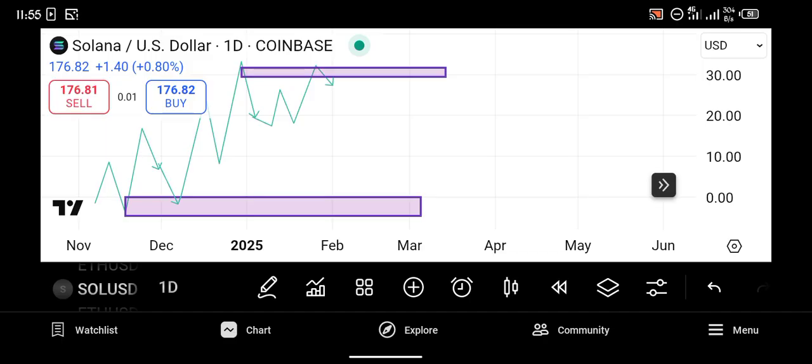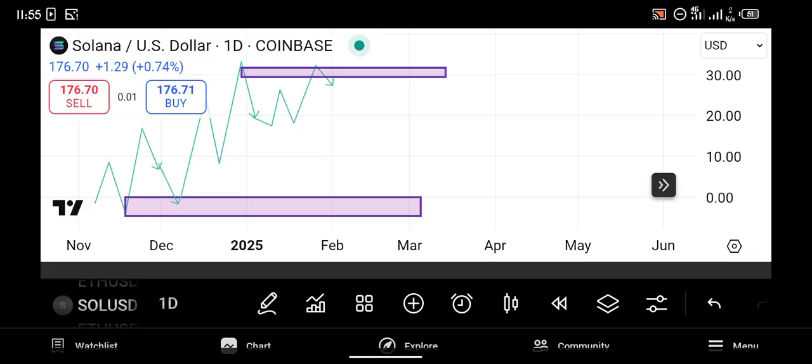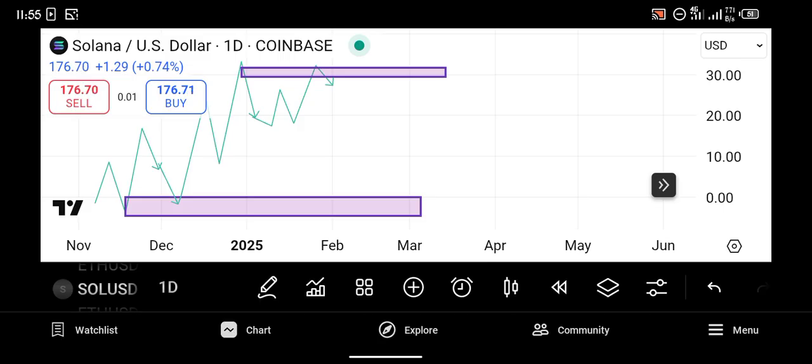So you understand that it buys from the discount zones and then you sell from where? From supply zones, Abi. So this is just the main thing. You buy from all these lows, and whenever it comes up to these supply zones up here, you start taking sales from there.